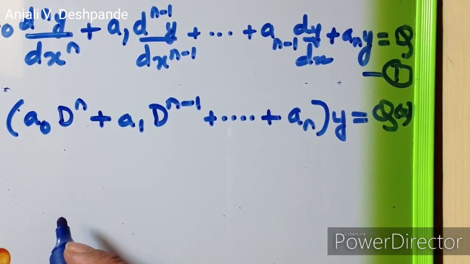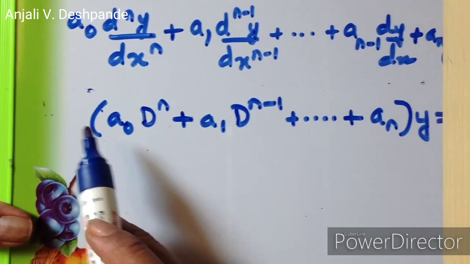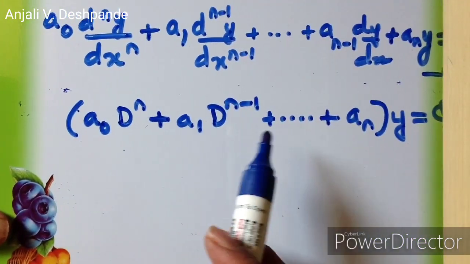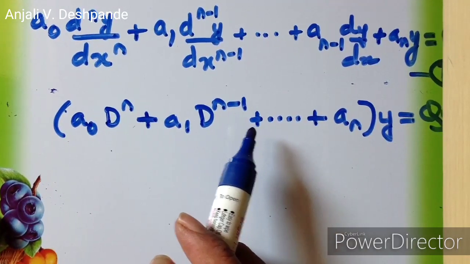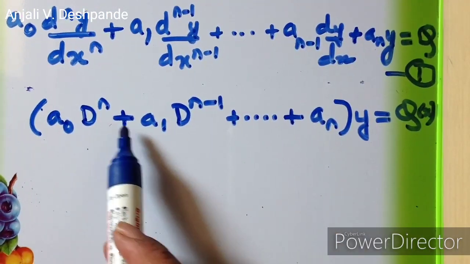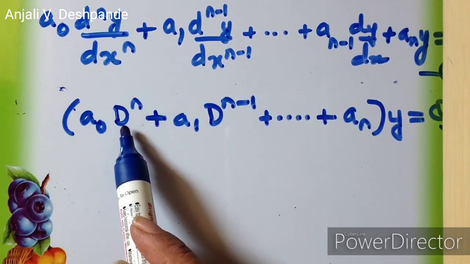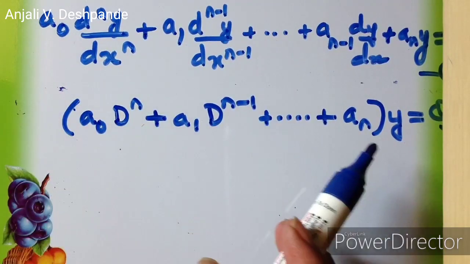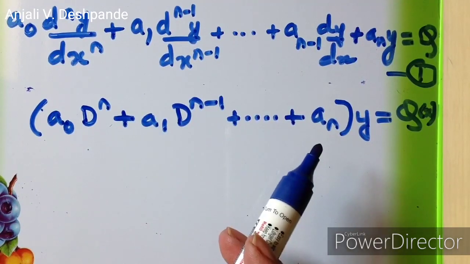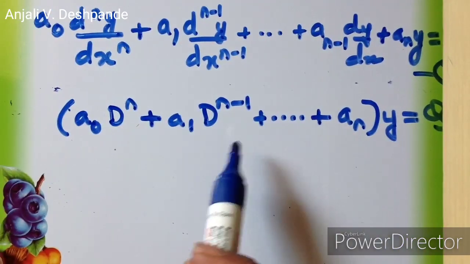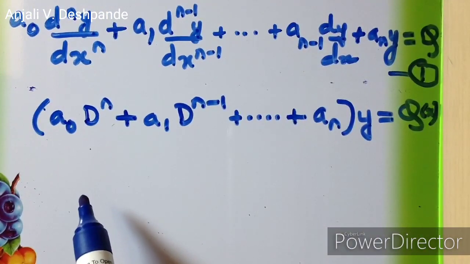So we can write it as Q of x. This is the form in which we have rewritten the nth order linear differential equation with constant coefficients by making use of the D operator. This makes it better for us when we are going to solve the linear differential equations with constant coefficients.